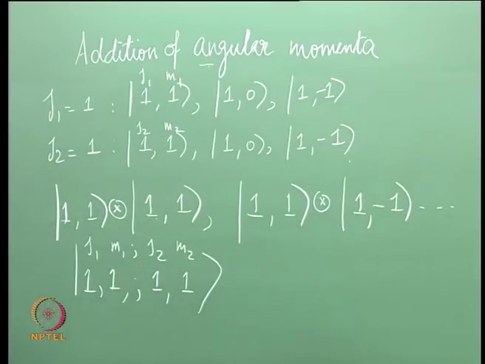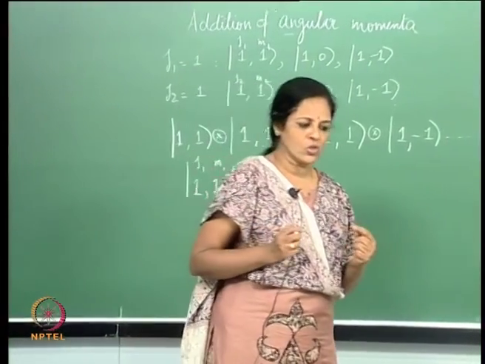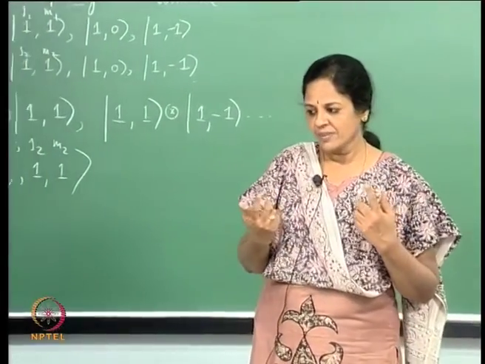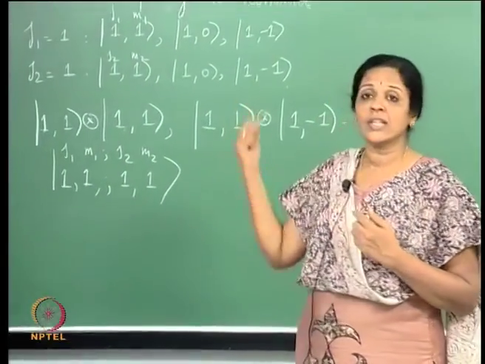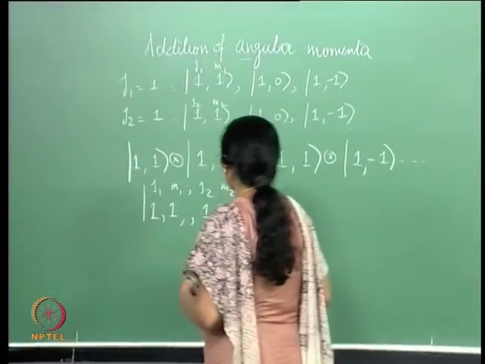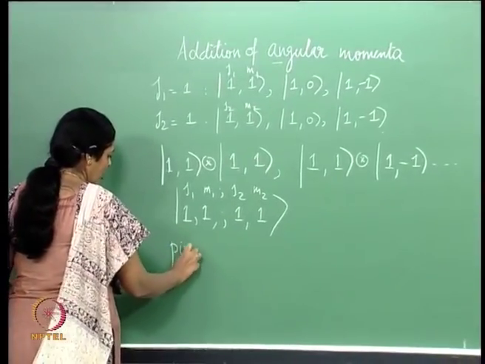I wish to take a very specific example. In this case I would like to talk about an isospin 1 object coupling with another isospin 1 object. As I have said earlier, the pions form an isotriplet.